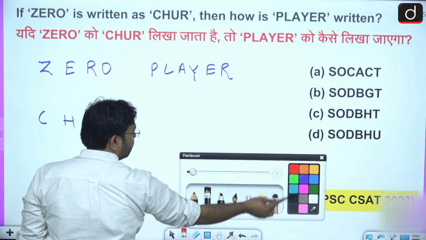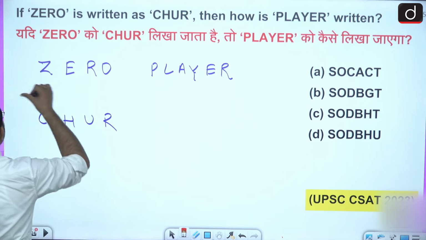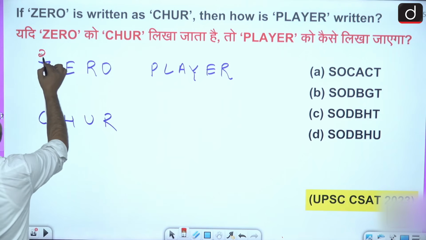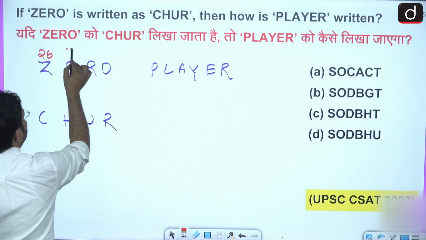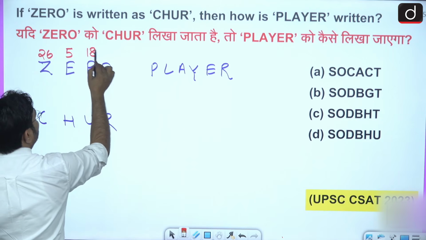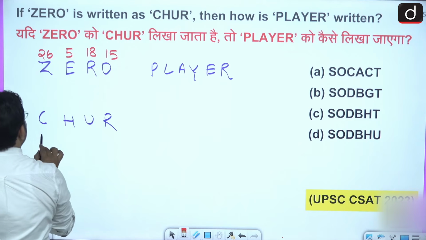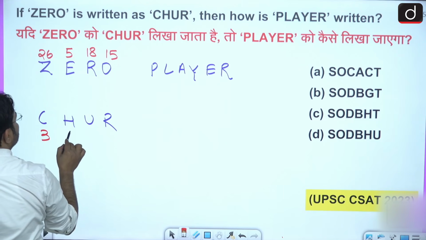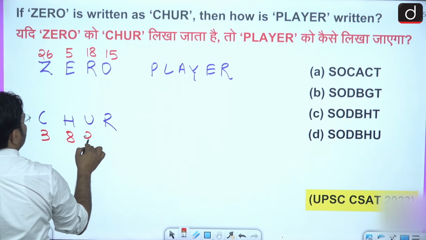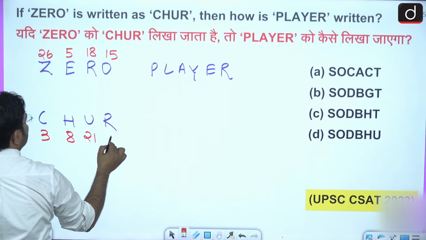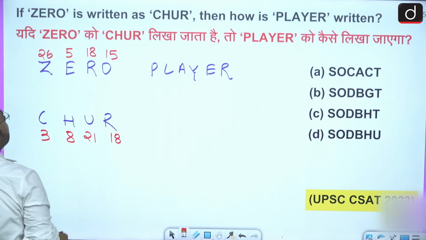This is from 2023. Z is 26. E is 5, R is 18, O is 15. C is 3, H is 8, U is 21, R is 18.